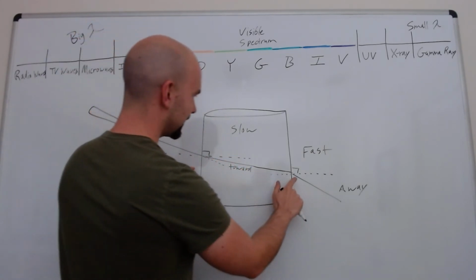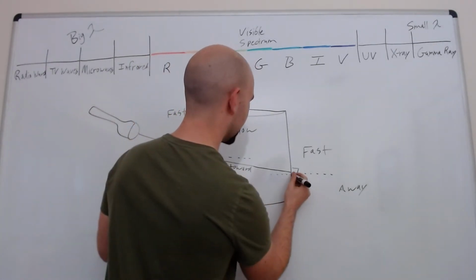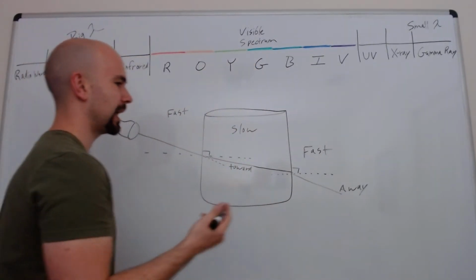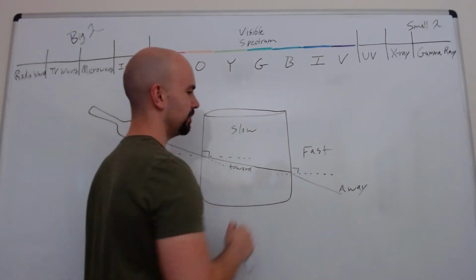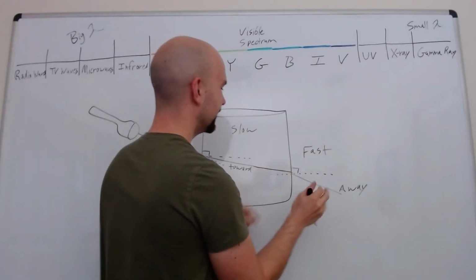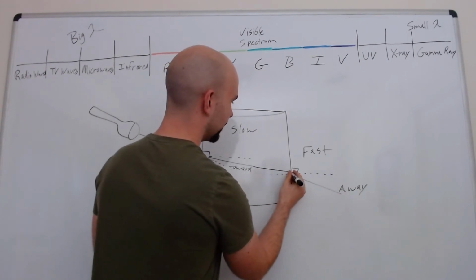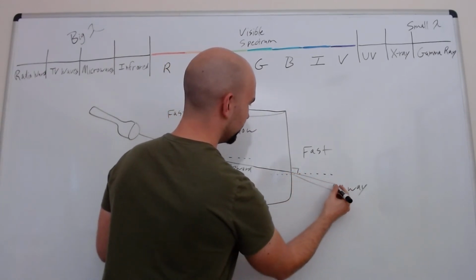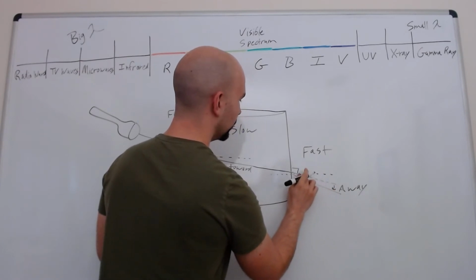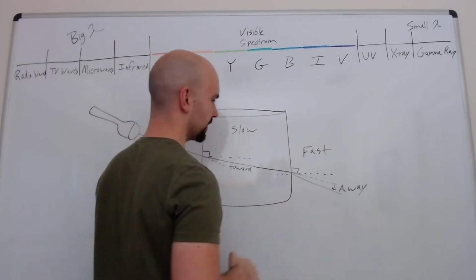And then when it exits, it'll actually resume the original angle of incidence, more or less, because when light goes into a medium where it speeds up, it's going to bend back away. So in the water, it was going at about this angle, but now it's going to refract away from that perpendicular line, perpendicular toward the surface.